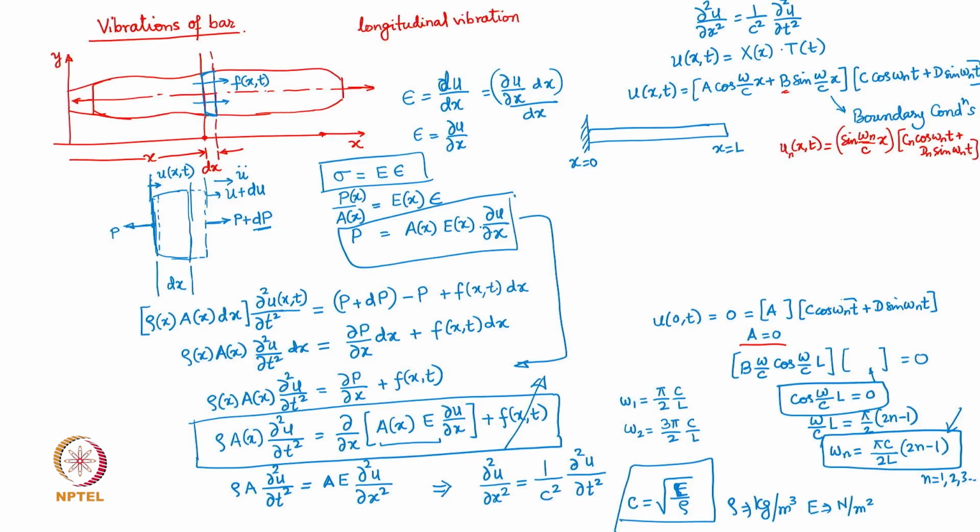Please make a note that this is very similar to our stretched string case, right? So you still have this as your mode shape value. Now look at what we are getting here as the first mode.